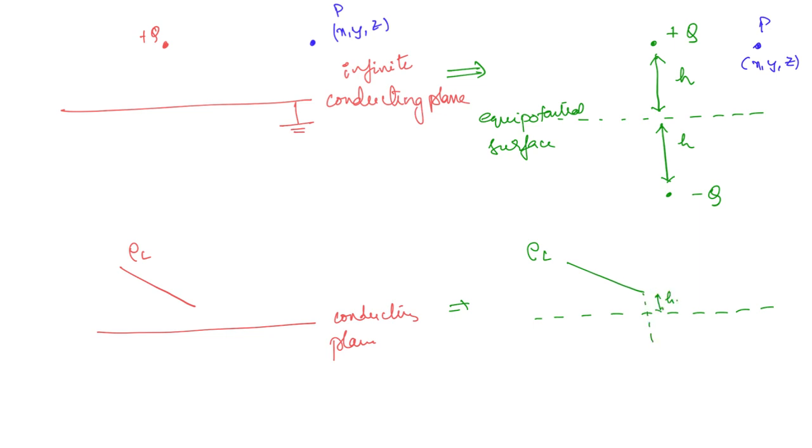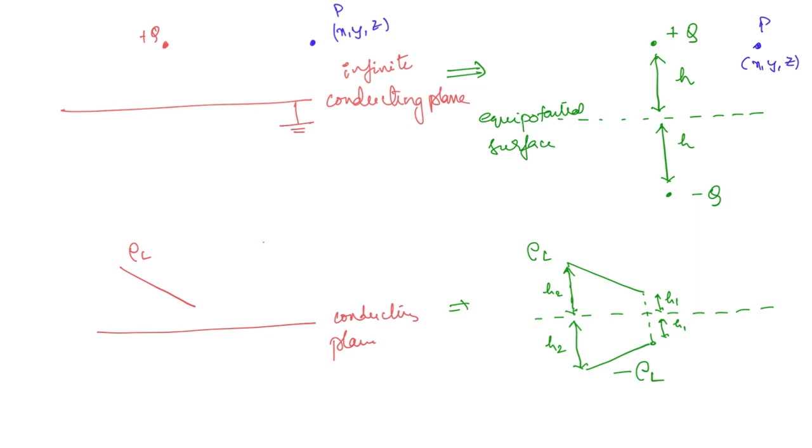Let us say this is H1, so at H1 it is going to start and this is H2. Here also at distance H2 the other end will be there, so the line charge is going to be like this. What will be the charge density here? This is going to be minus rho L.